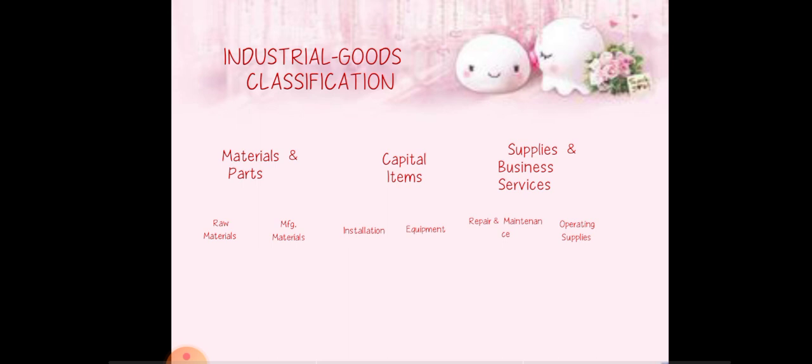Example, ball bearings. Those are examples of manufactured products.